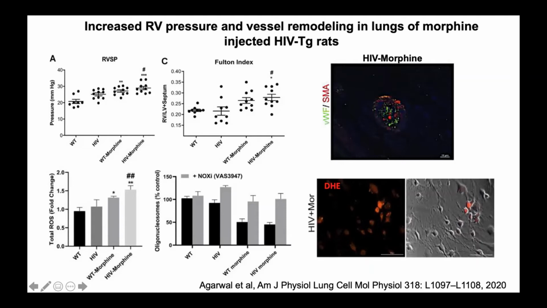So this suggests that there is definitely an indication that these drugs of abuse are very prominent in causing pulmonary vascular remodeling. Also, the isolated cells from these rats showed increased ROS, and when these isolated endothelial cells were treated in vitro with either NOX inhibitor or independently, they showed cell death.